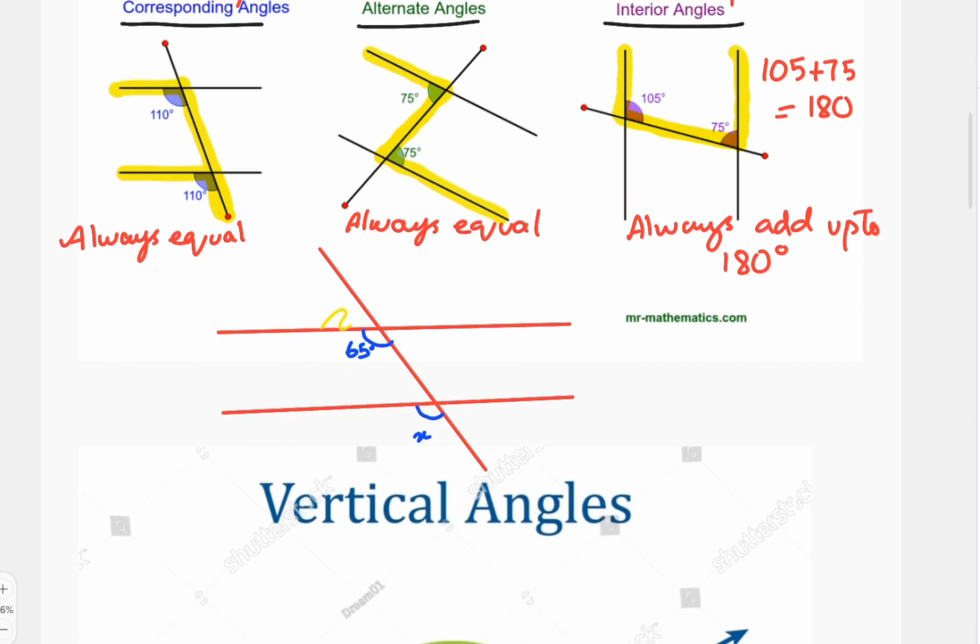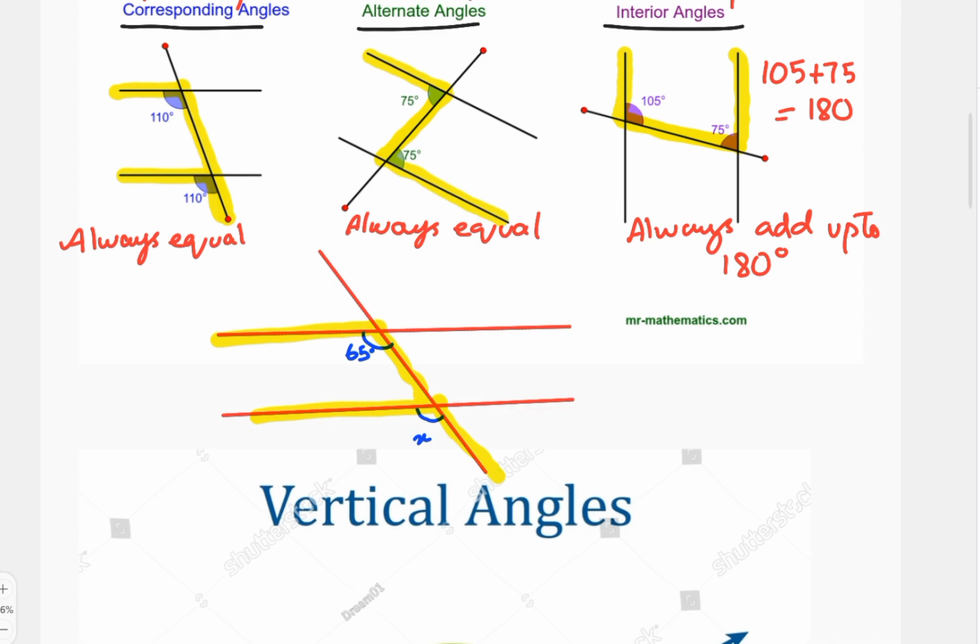So first you're going to figure out what shape they are making. The first angle is in between this line and this line. The other angle is in between this line and this line. So what shape is it making? Yes, it's making this shape, the F shape. So we call them corresponding angles. What do we call them?